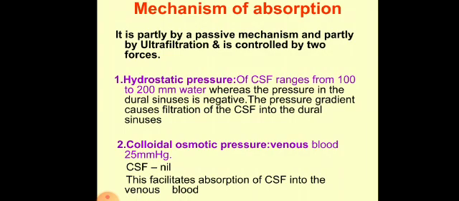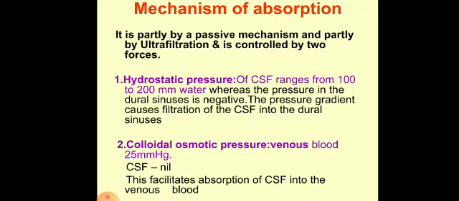Now hydrostatic pressure, you need to know a little more detail on that. The hydrostatic pressure of the cerebrospinal fluid ranges from 100 to 200 millimeters of water. Now, the contrasting factor here is that the pressure in the dural sinuses is negative. So it's actually this pressure gradient which causes the filtration of the cerebrospinal fluid into the dural sinuses.